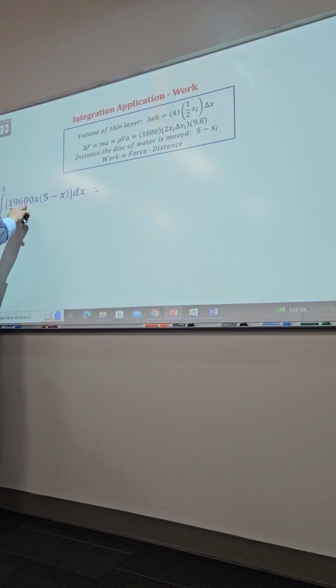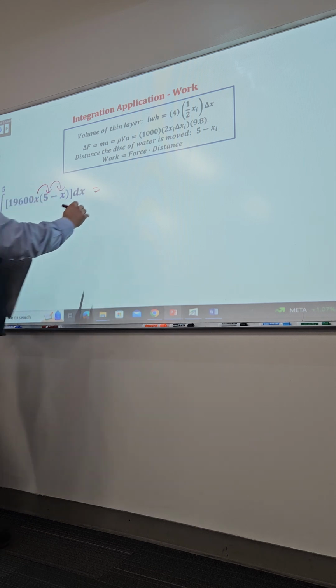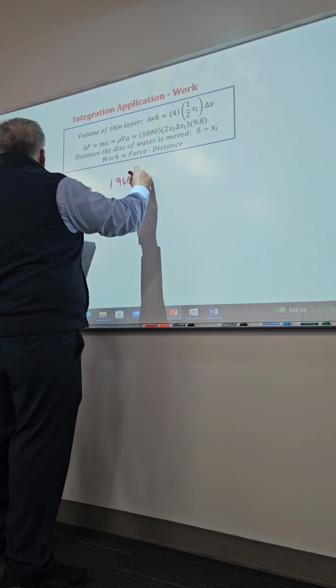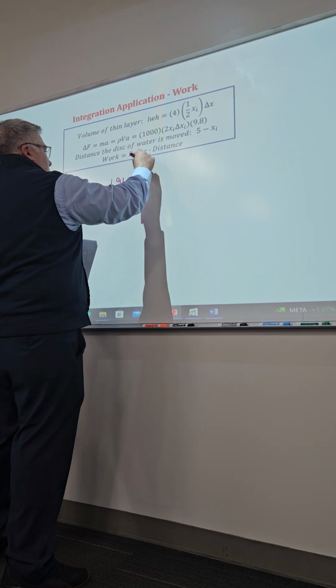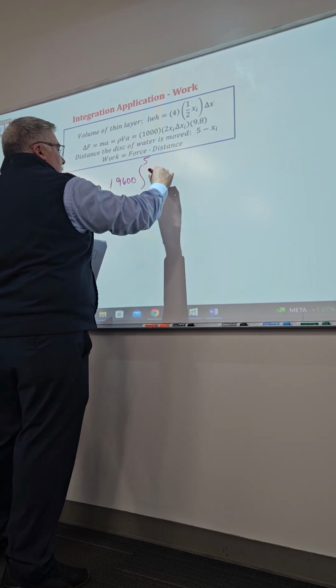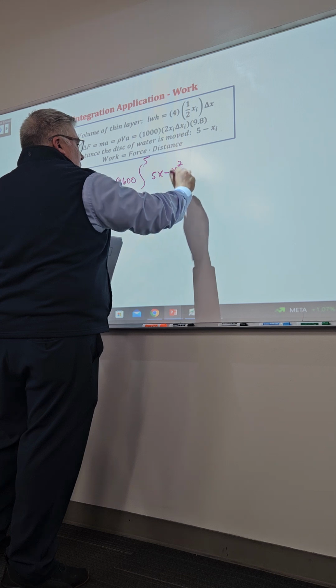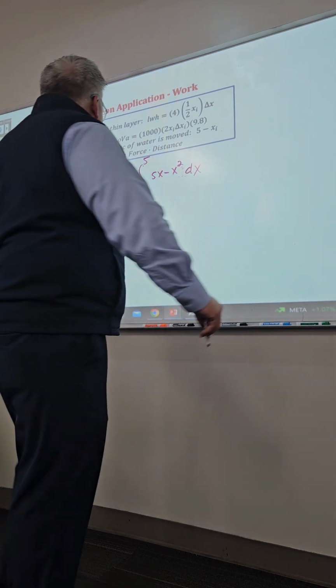We're gonna take that constant 19,600 out, but just multiply the x in. So it's gonna be 19,600 from 0 to 5 of 5x minus x squared dx. Look how nice that looks. So much better, right?